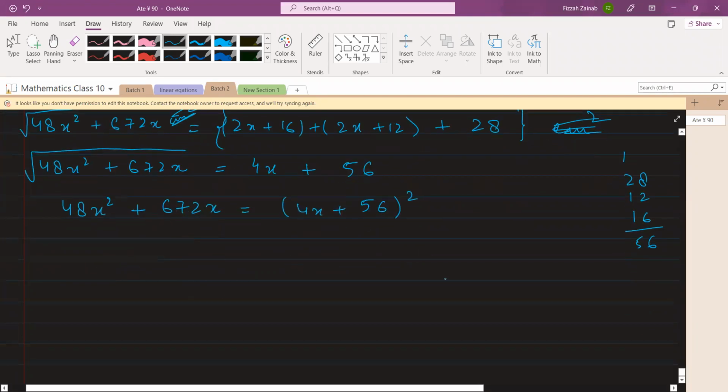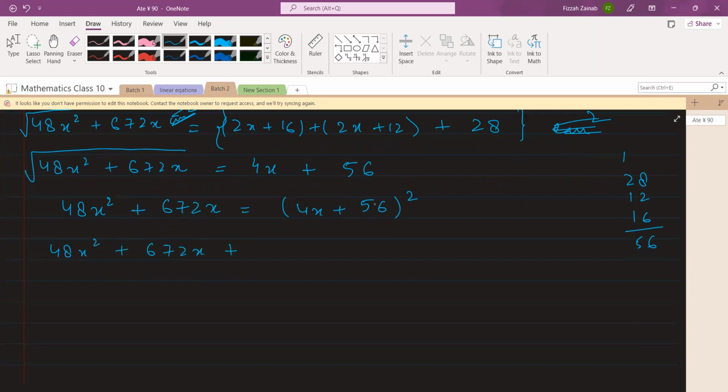So I have to remove the square root. So 48x square plus 672x plus, now this is a plus b whole square, right? Equal to a square plus b square plus 2ab, 4x into 56.